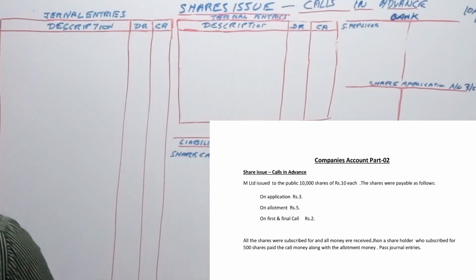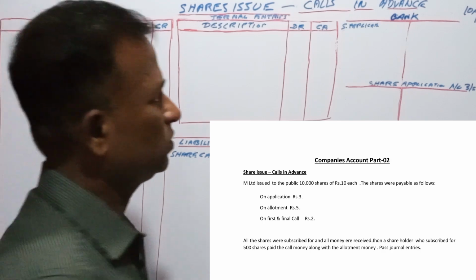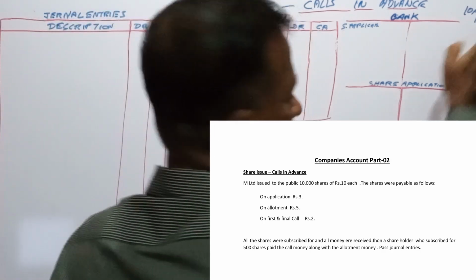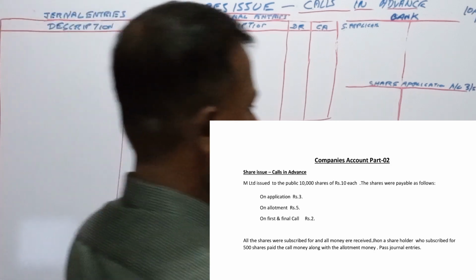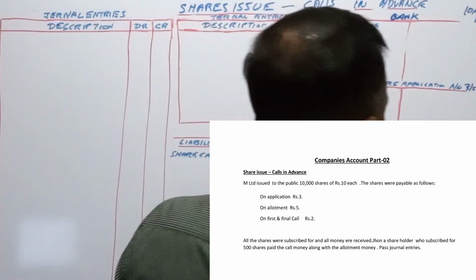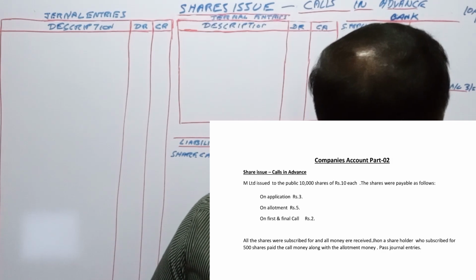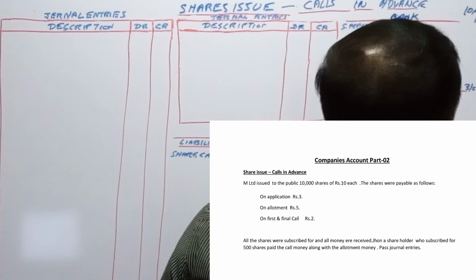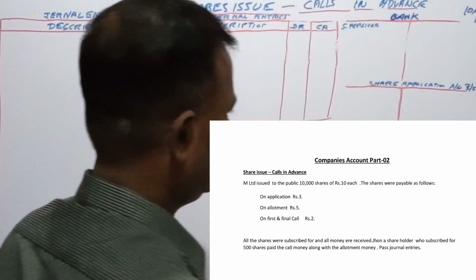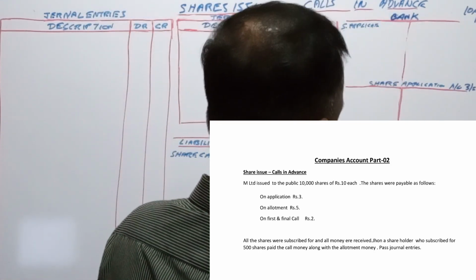This is 10,000 shares, on application 3. Now 500 shares at the rate of 2 rupees, calls in advance paid.